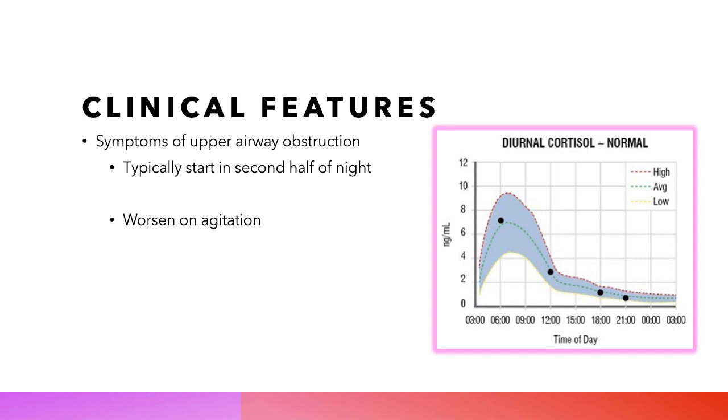These symptoms worsen on agitation. Whenever a child is coughing vigorously or crying, you may be able to appreciate stridor more clearly. The brassy cough may be more evident when the child is agitated, because agitation further causes turbulent flow and aggravates the symptoms.